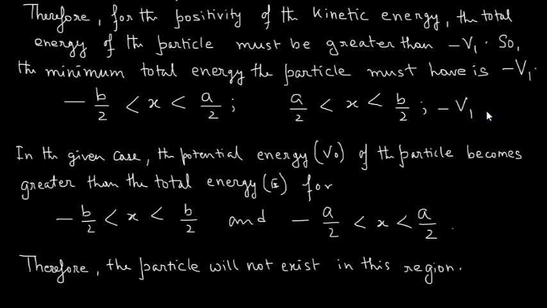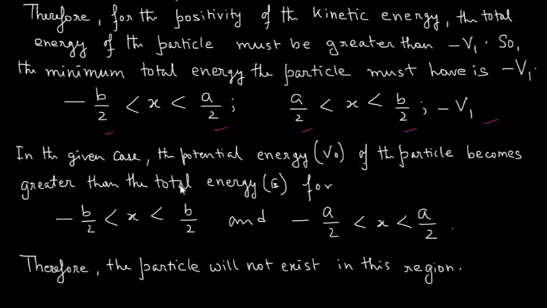So, x is greater than minus b by 2 and less than a by 2. X is greater than a by 2 and less than b by 2, and minus V1 is the value of potential energy.